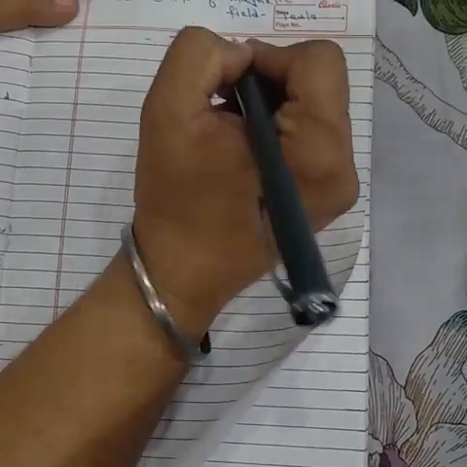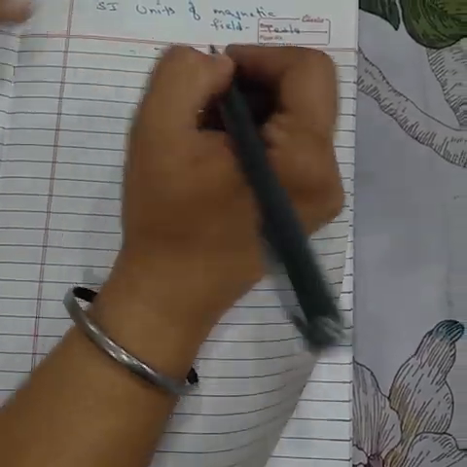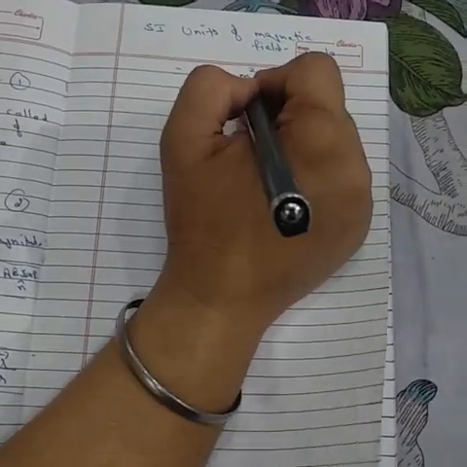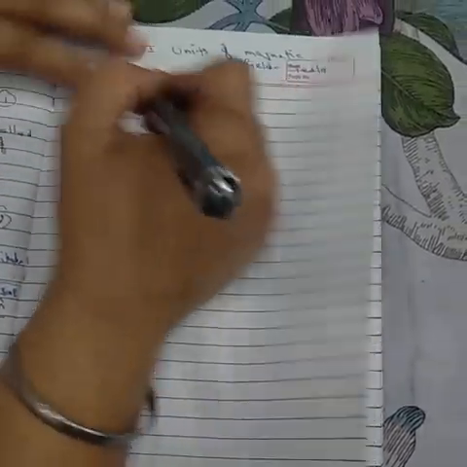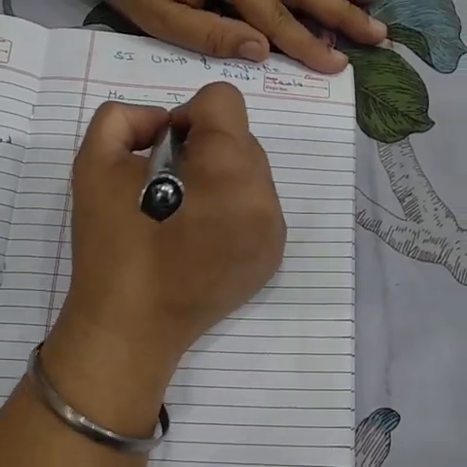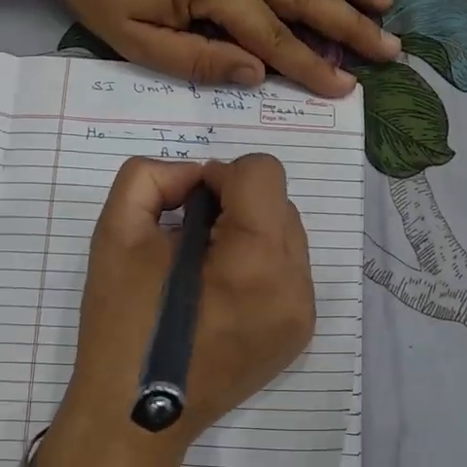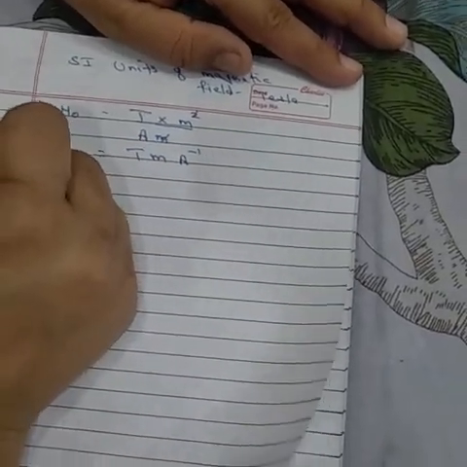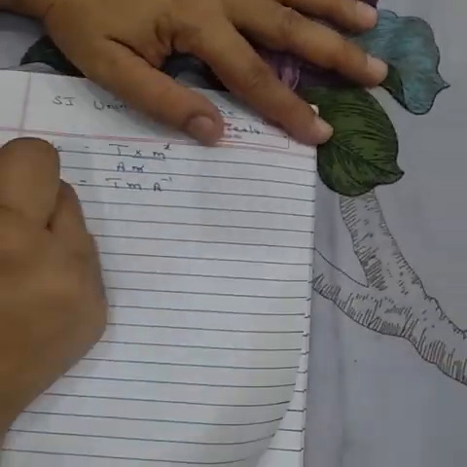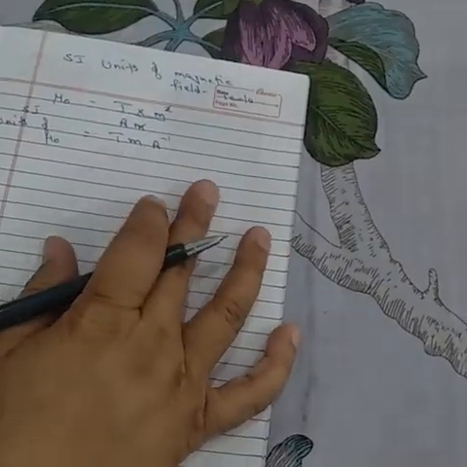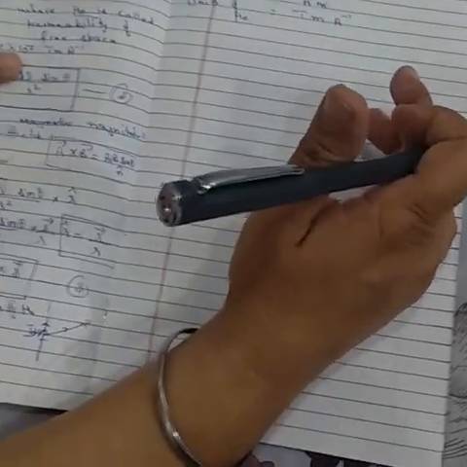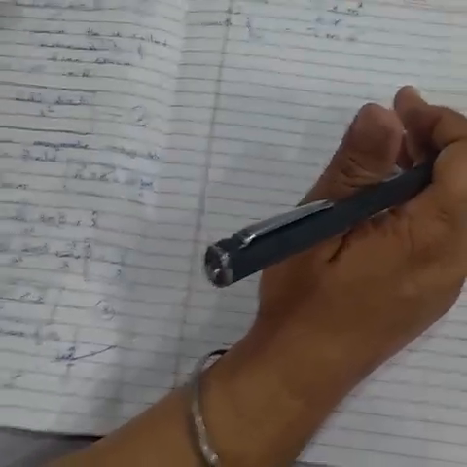R is length, so it will be in meters, divided by I, current in ampere, dl in meter, multiplied by sin theta. Sin theta has no units. So the units of mu naught come out so that meter cancels out, Tesla into meter per ampere. So the SI unit of mu naught is Tesla meter per ampere. We wrote it here as 4 pi into 10 to the power minus 7 Tesla meter per ampere. So these are the units.